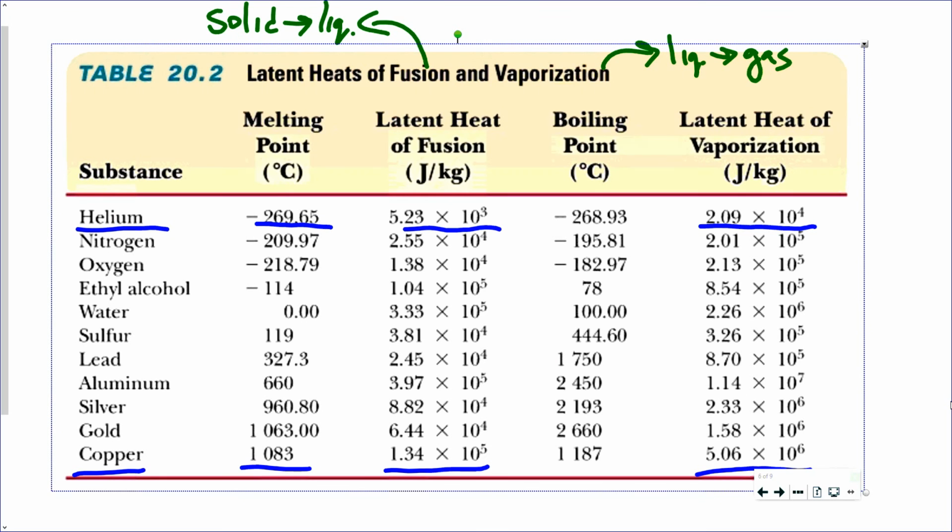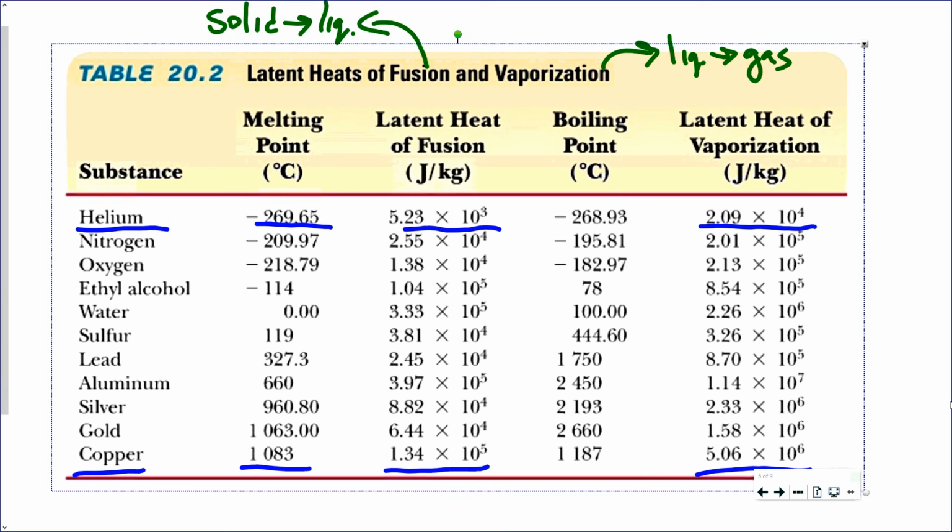What you'll see here are two different types of latent heats in this table: latent heats of fusion and latent heats of vaporization. We think of fusion as combining two things together.